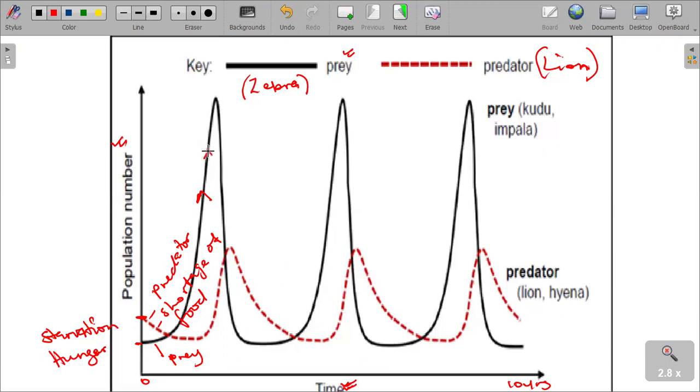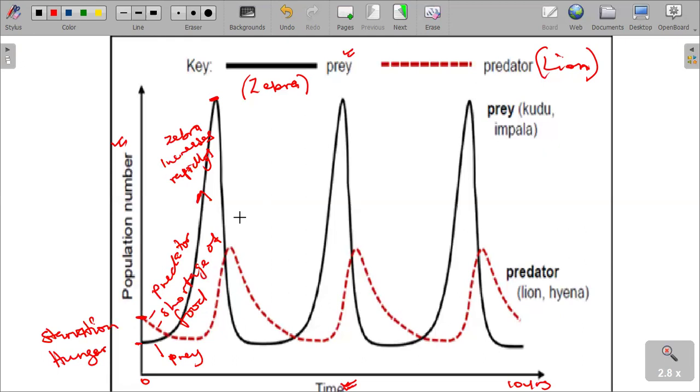The zebra population will increase. This is a population of the zebra that is rapidly increasing, and then at this point it reaches the point of its climax or optimum position, the optimum population, which is the best or maximum number of zebras that can be sustained over a piece of land.